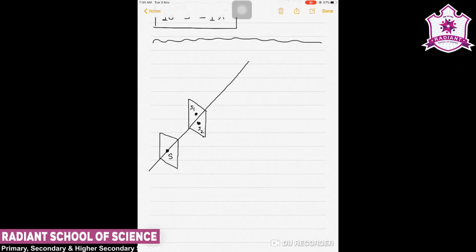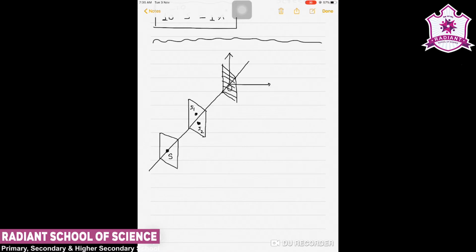Now on the screen, if we go with the experiment, we find the interference pattern observed on the screen with these horizontal lines, and it is very clear, as narrated over here.